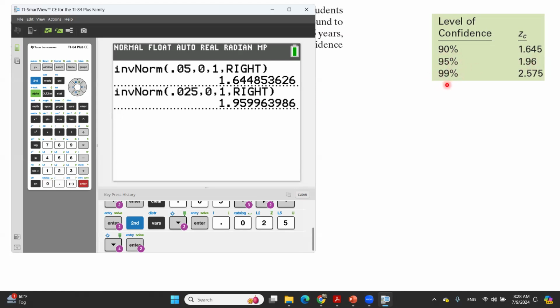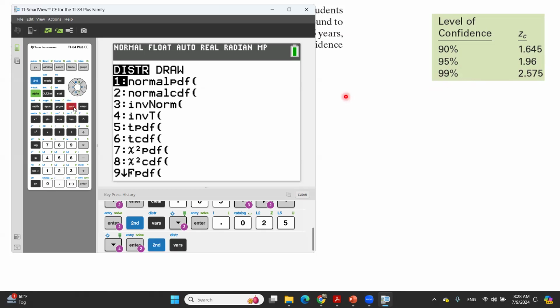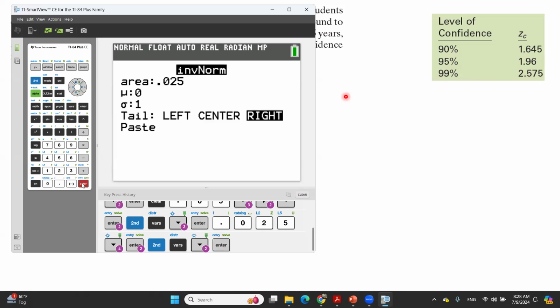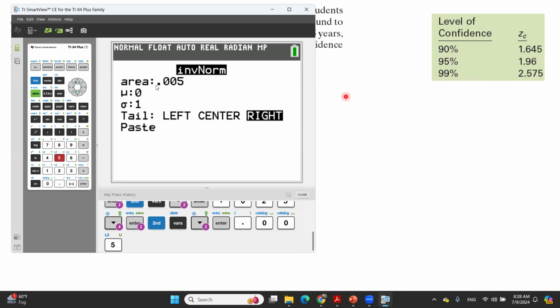Now for the 99% level of confidence, the critical value is 2.575. If you go to second, vars, and go to inverse norm, hit enter. Now you have 1% divided by 2. 1% is 0.005.